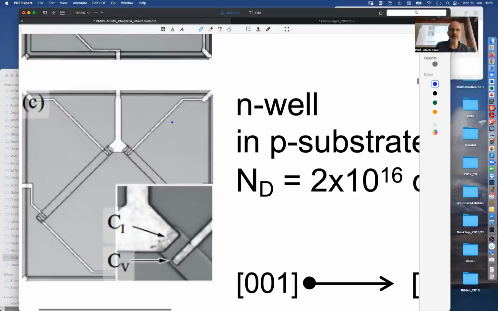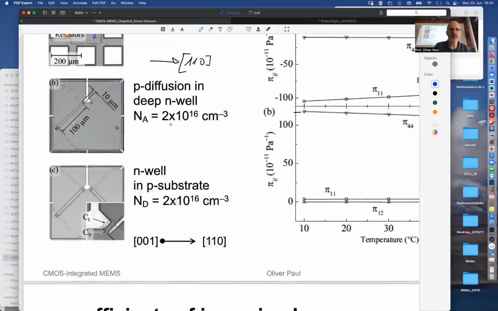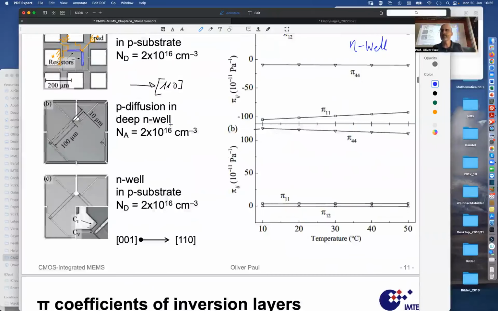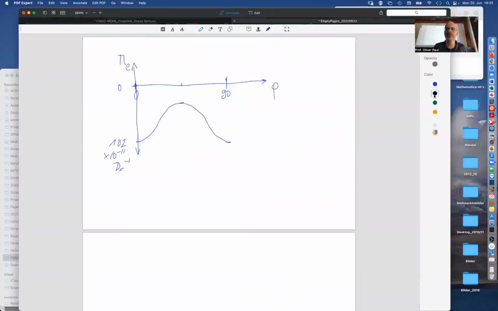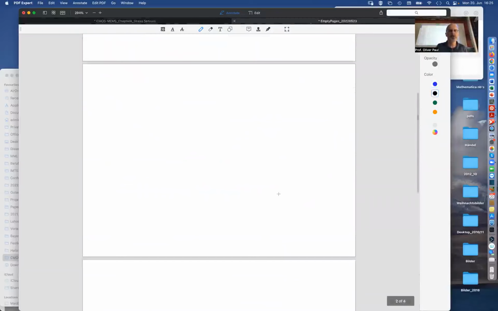So let me point this out again on a separate graph. So let's assume I take this wafer. I'm making the flat of the wafer quite large so that you see here is the 1,1,0 direction. Yeah?